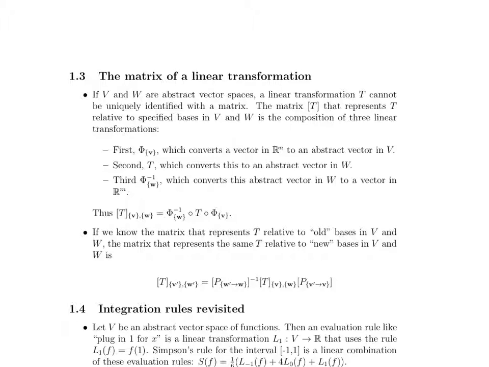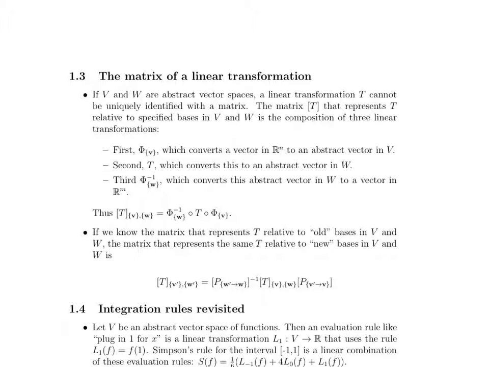But you can find T with respect to any new basis by constructing this composition. First, we have this change of basis, where we are going from the new vector space to the old vector space, just how to describe each of the old basis vectors with respect to the new basis vectors.